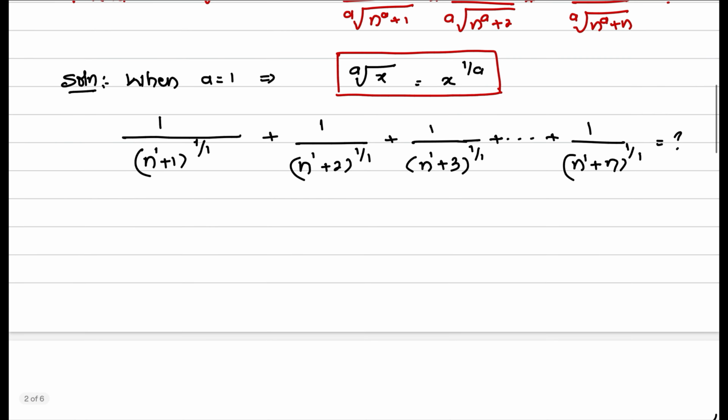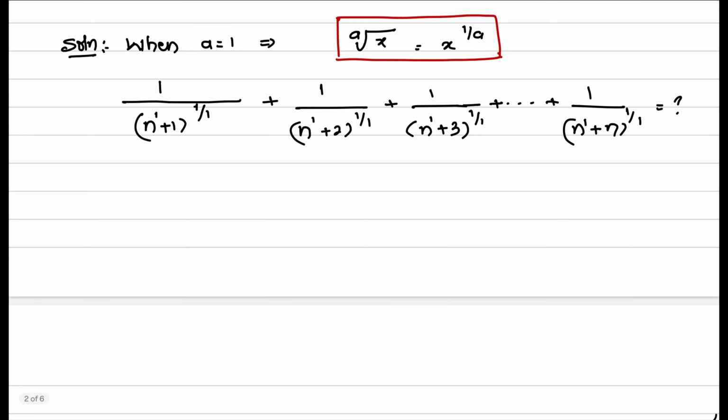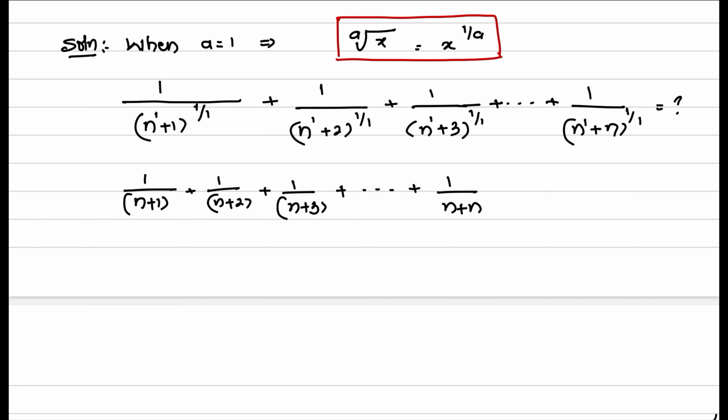When a is equal to 1, the series becomes like this: 1 by n plus 1, plus 1 by n plus 2, plus 1 by n plus 3, up to 1 by n plus n. That is 2n, is equal to how much? That means the series value will be when a is equal to 1.